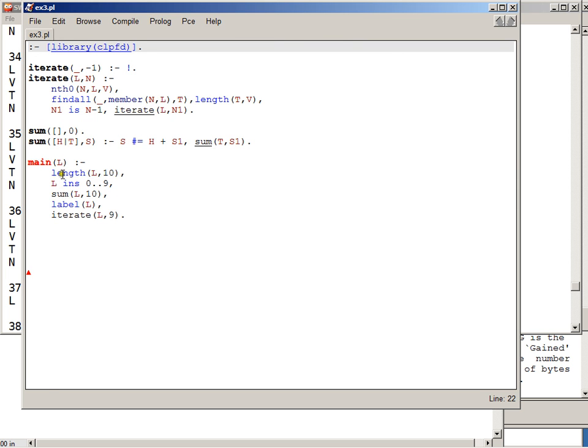So we start with a list of placeholders that has 10 elements. Each element of the list has to be confined to be between 0 and 9. The interesting thing about SWI Prolog is that it can specify not just a variable, but a list of variables. Previously you have seen X in minus 10 to 10.